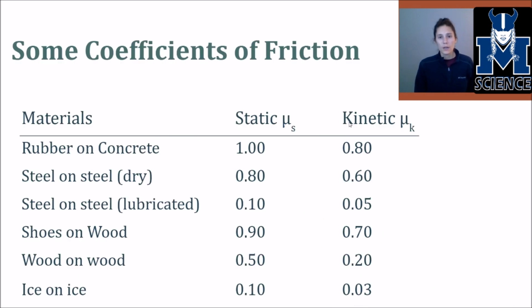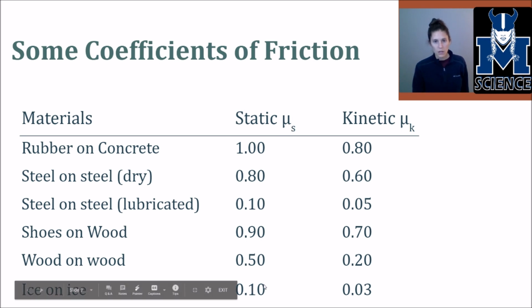It's interesting to look at these values. If you look at all of these coefficients of static friction in this column, they're all greater than the coefficient of kinetic friction.